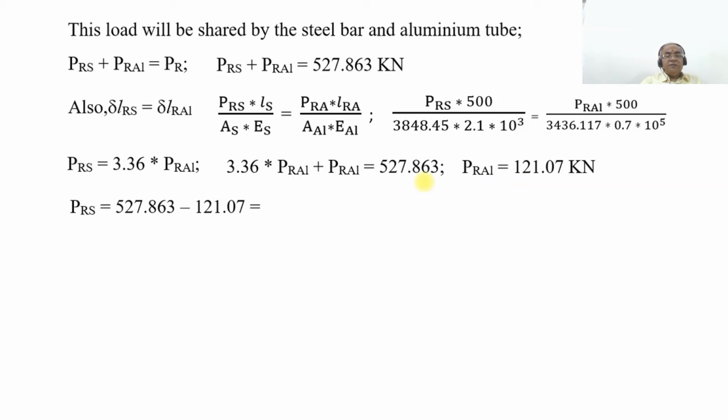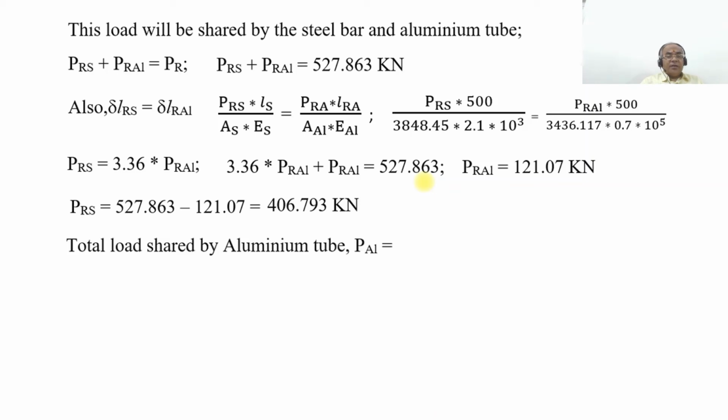It is 527.863 minus 121.07, which is 406.793 kN. Therefore, the total load shared by the aluminium tube, PAL, equals PRAL plus 72.137, that is 121.07 plus 72.137, which is 193.207 kN.